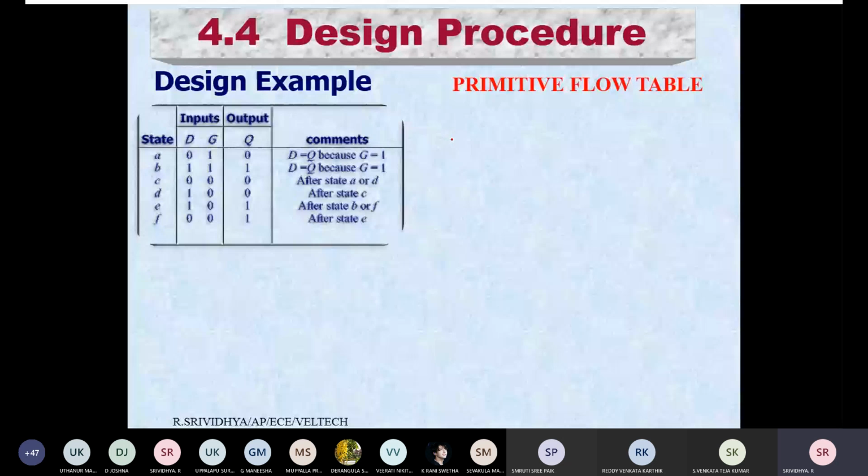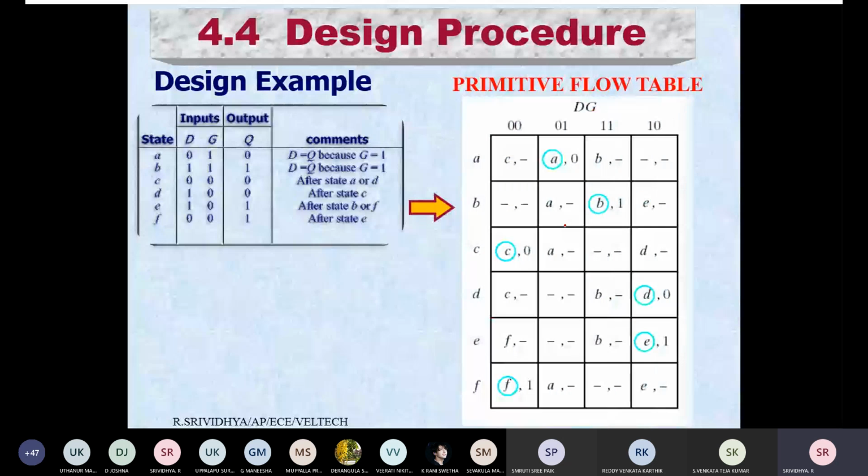You have to jot down your inputs in the horizontal way, and all the possible states A, B, C, D, E, F should be jotted down here. Now I will teach you all. This is very interesting, and it is like a game.